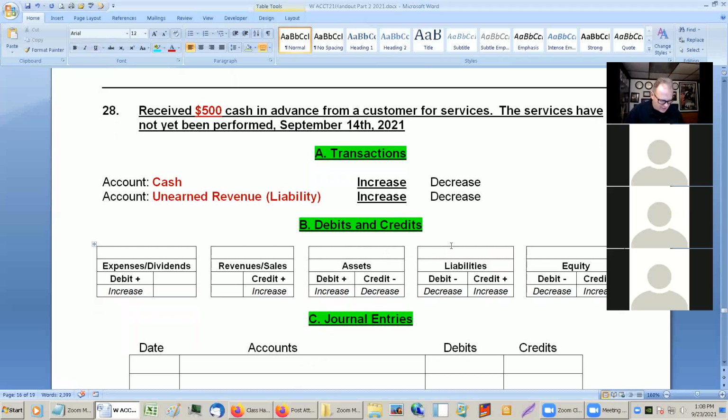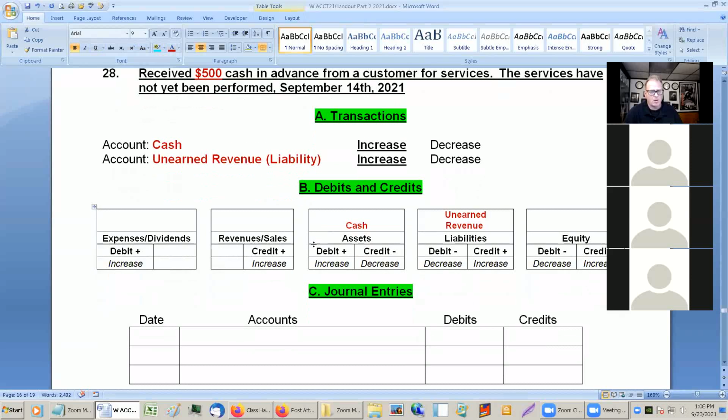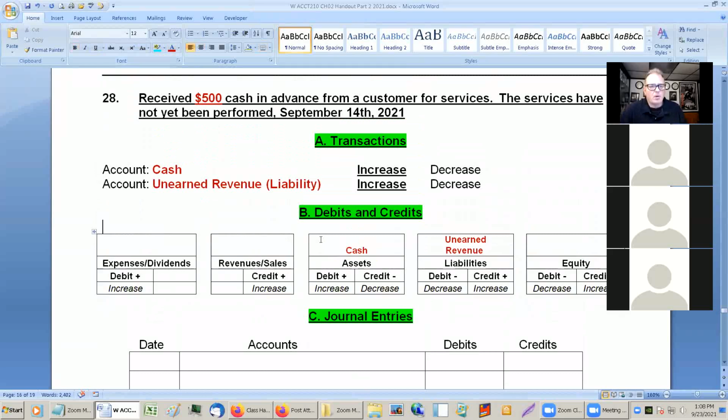All right, so again, cash, asset. Cash is going up, and liability is going up.